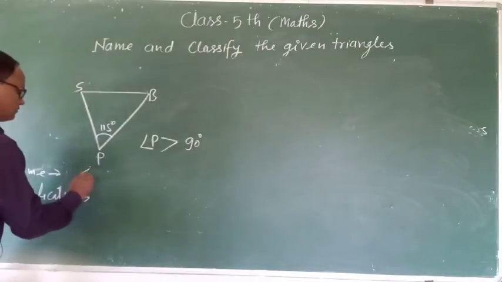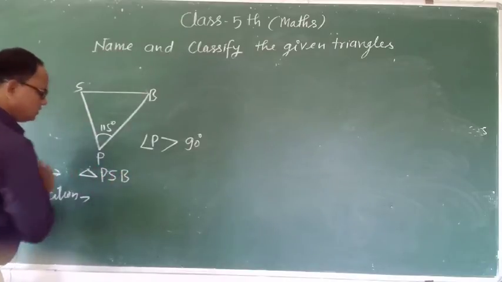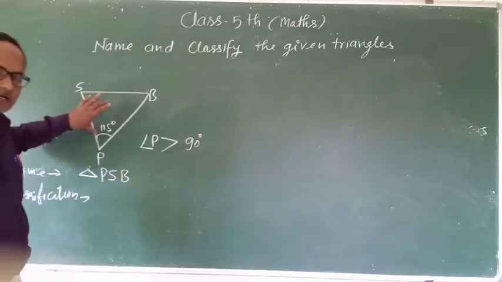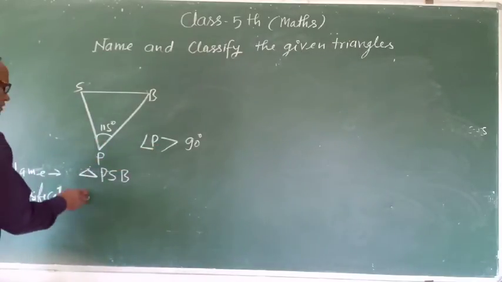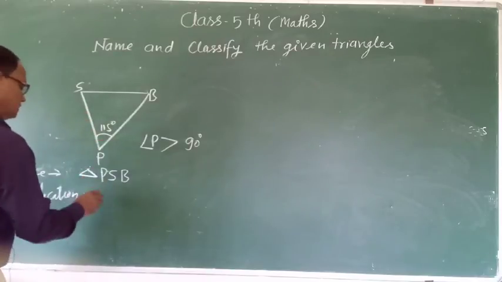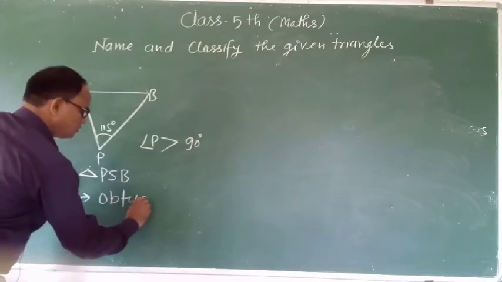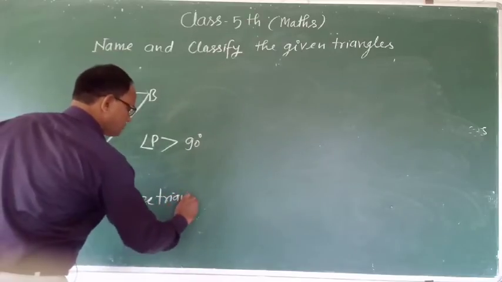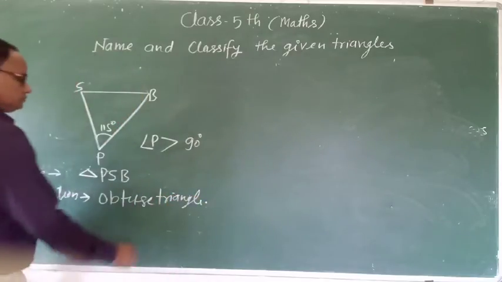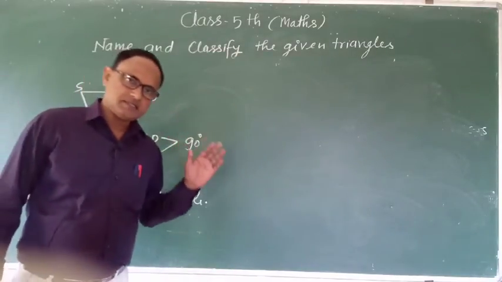Here its name is triangle PSB, and on the basis of angles, triangle PSB is an obtuse triangle.